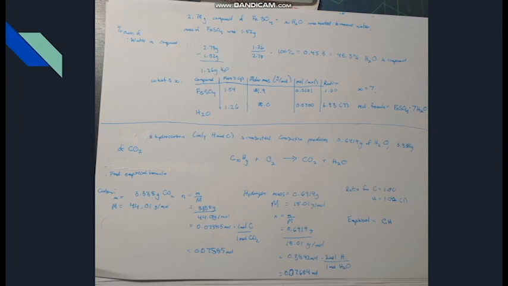Because of this, we multiply the moles by 2 to get 0.07684 moles of hydrogen present. Now, we do the ratio, we compare the two, and the ratio is going to be 1.00 for carbon as it's the smaller number, and 1.01 for hydrogen, which gives us about 1, which means that the empirical formula is simply going to be CH.